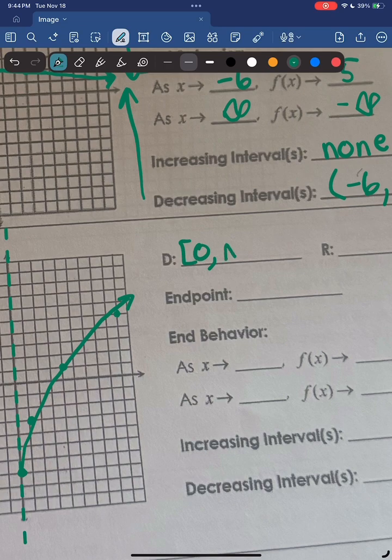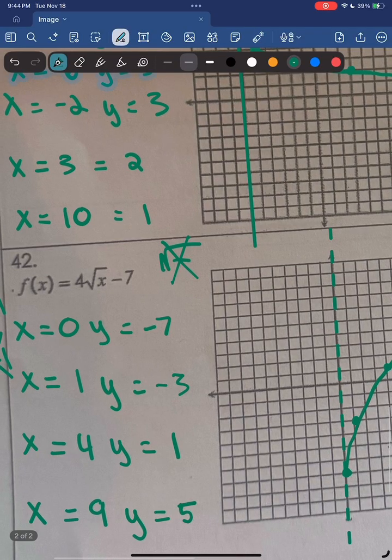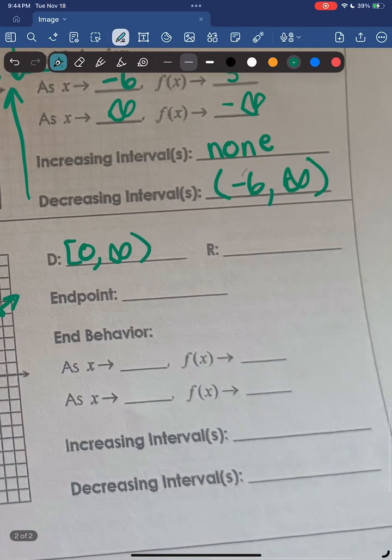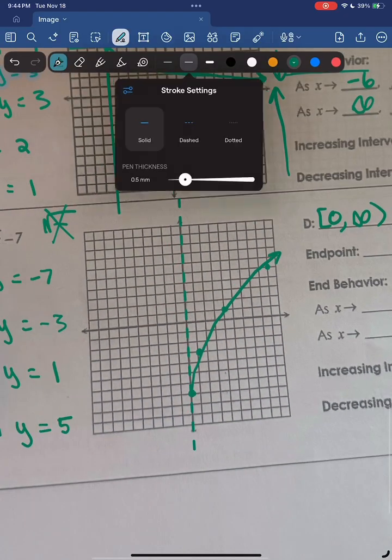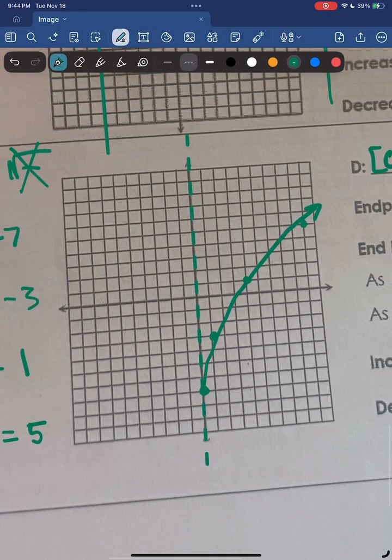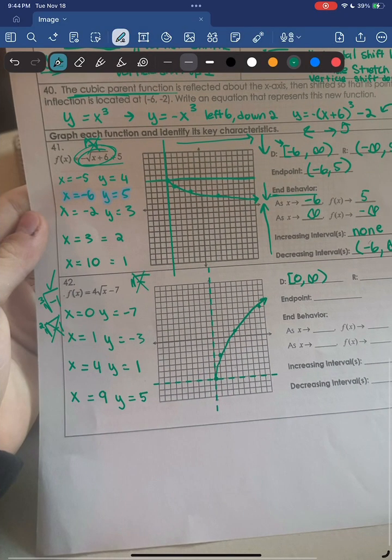Because the x values can keep going forever. You could put positive 1 million in there, and you could get the square root of positive 1 million. And then for the range, which is our y values, we know that same thing here. We'll draw the dashed line. Our y values can only go from negative 7 to infinity.